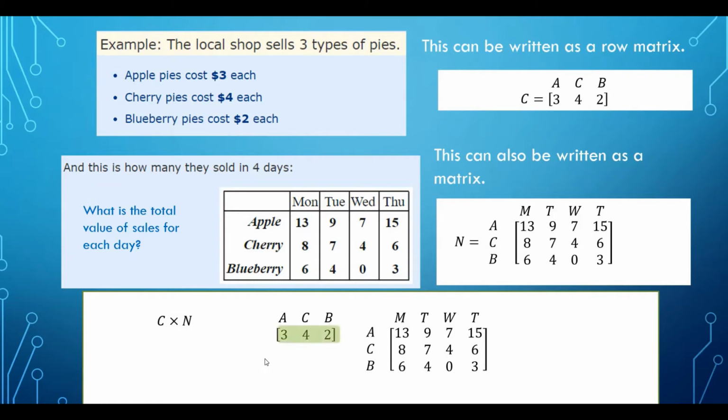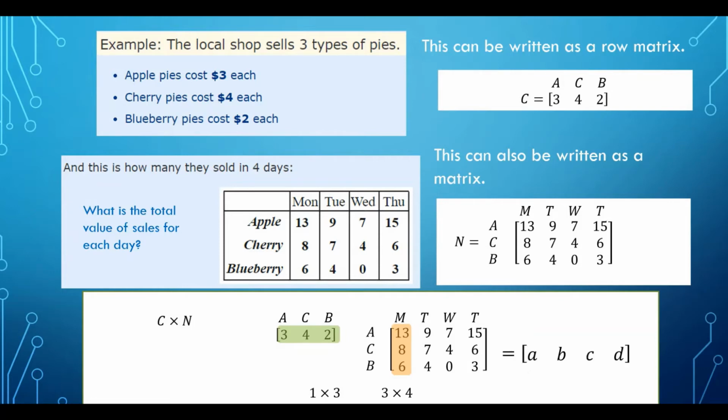And if we look at what's happening, we're multiplying the price of each pie with the number of pies sold. So the $3 for each apple pie will be multiplied by the 13 pies sold, $4 for cherry pies by 8 pies sold, and so on. Let's have a look at how this works.